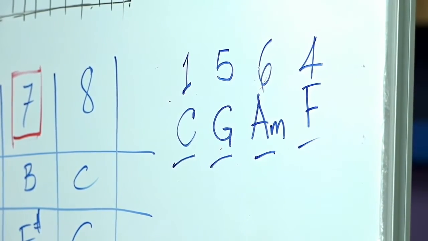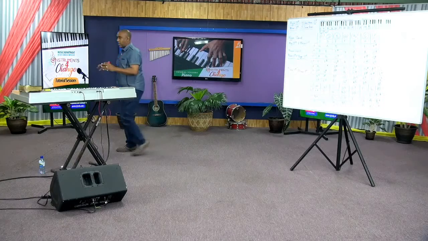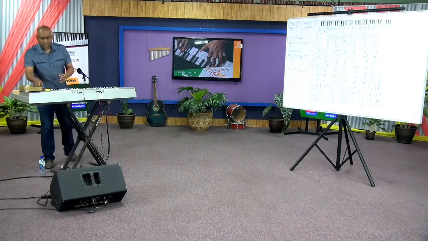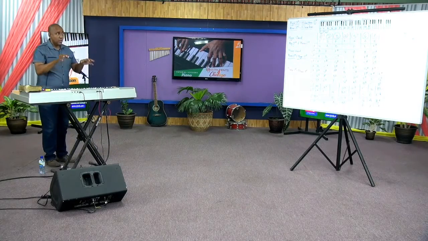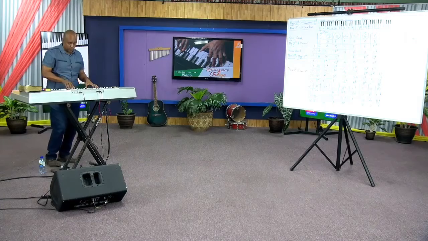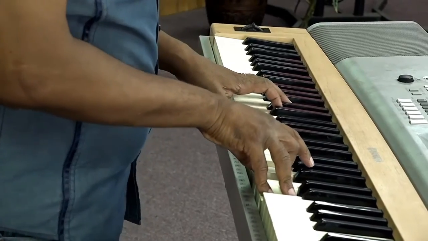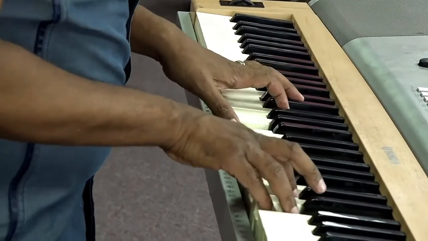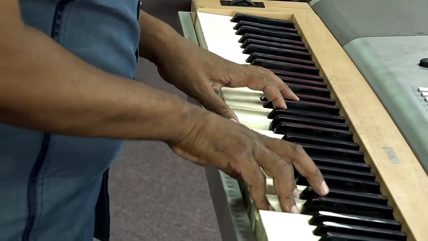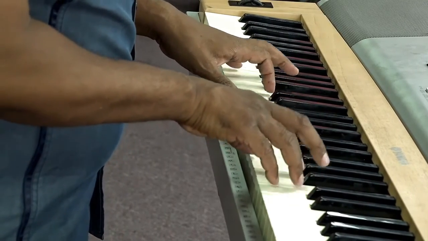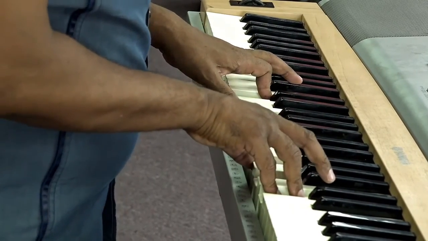So if we substitute just the numbers for the names of the chords, we'll play C, which is 1, then 5, then 6, then 4. Why is that important?